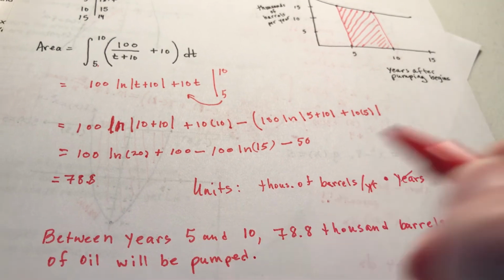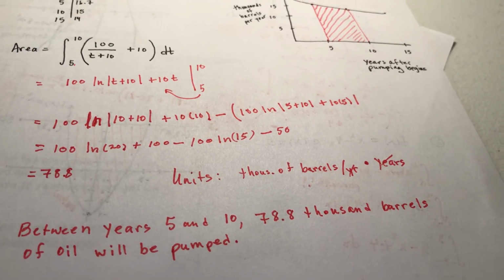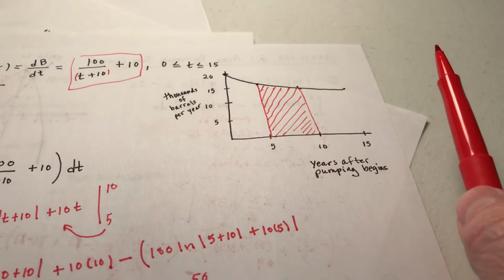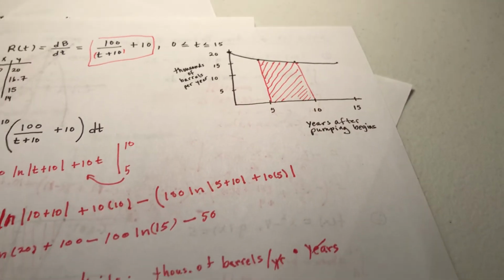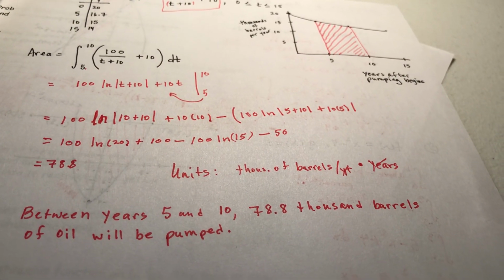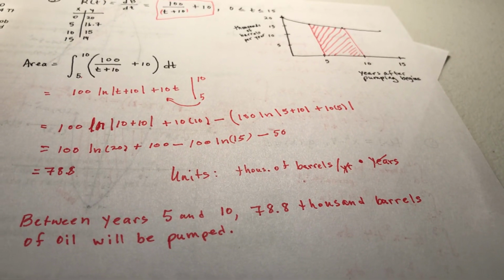So you're taking a rate of change and multiplying by time, and you're getting a total. So it's like a cumulative amount from 5 to 10, how much in that 5-year period between years 5 and 10, 78.8 thousand barrels of oil will be pumped. See you later.